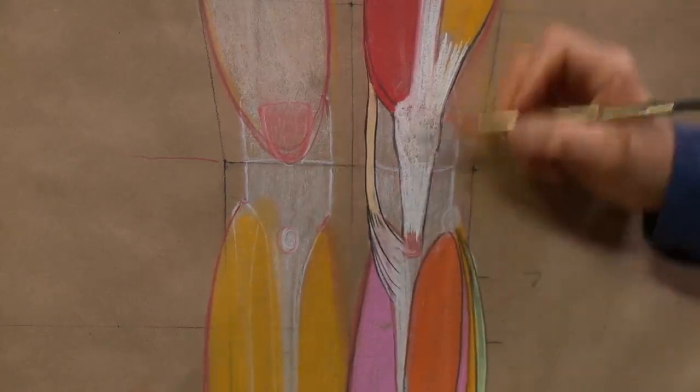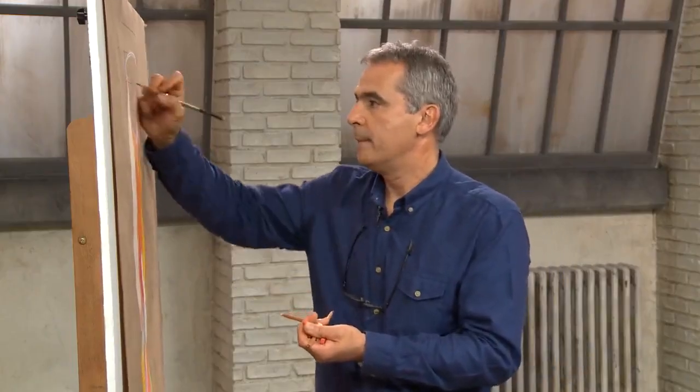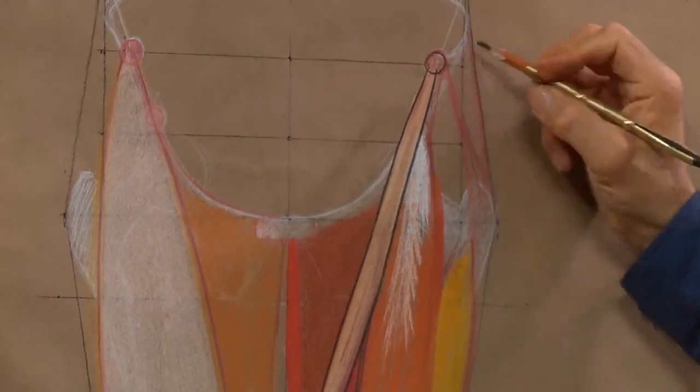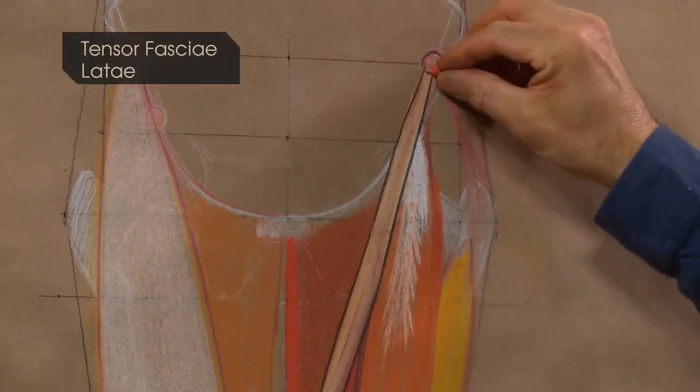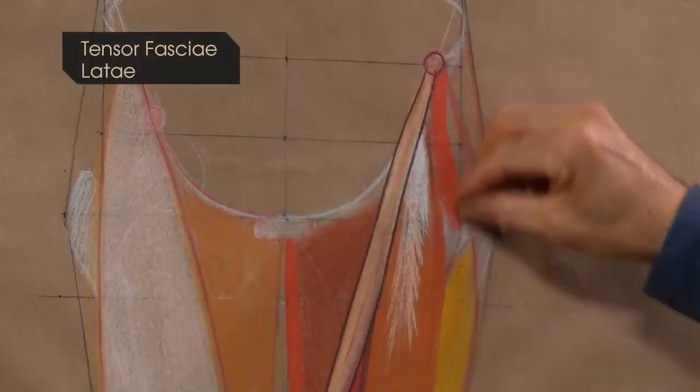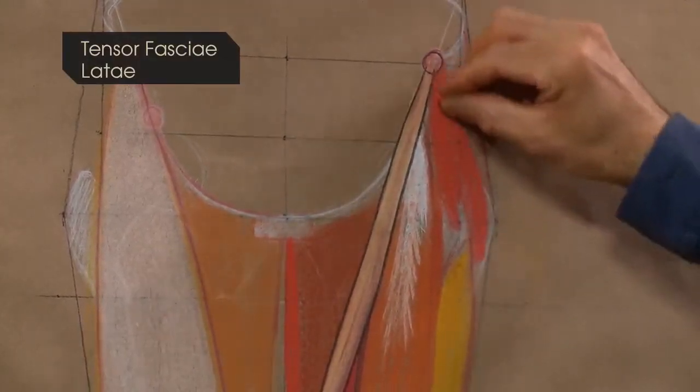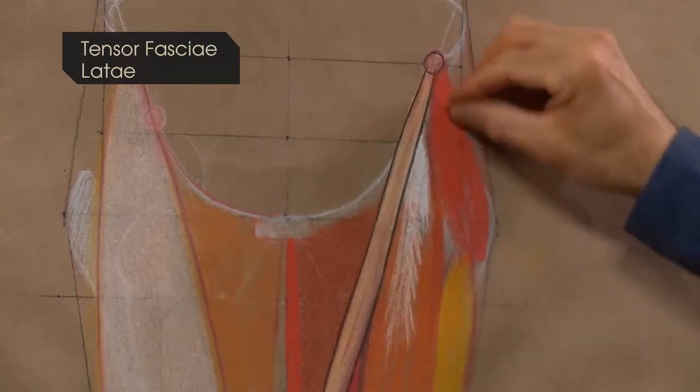Okay. Now we move back up here, and we're going to see that here, also starting from the anterior superior iliac spine, I'm going to have the tensor fascia lata, a muscle that will cover the trochanter from the front, like this, okay?